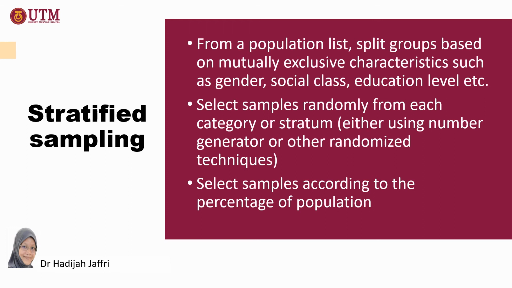In this case, researchers can divide or stratify the population on some specific characteristics such as gender, race, or marital status, and then using simple random sampling, select samples from each subgroup, known as stratum, according to percentage of population.